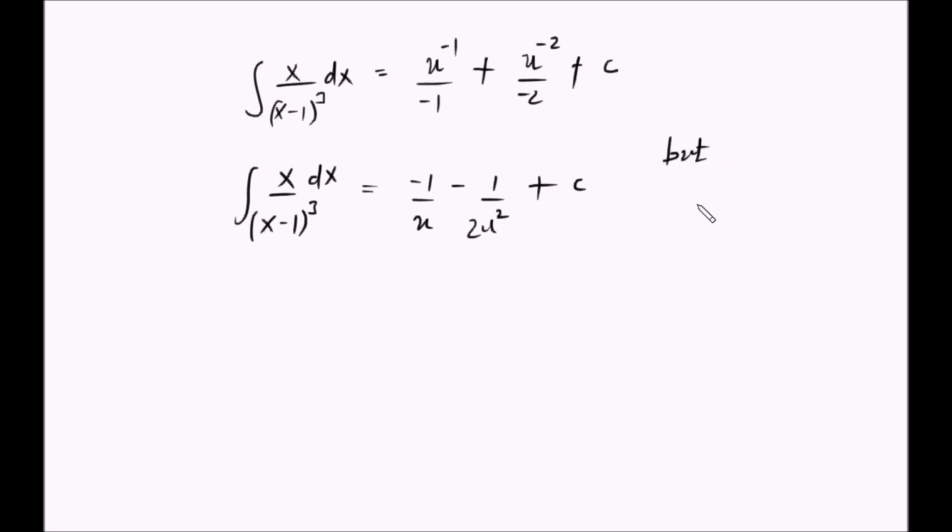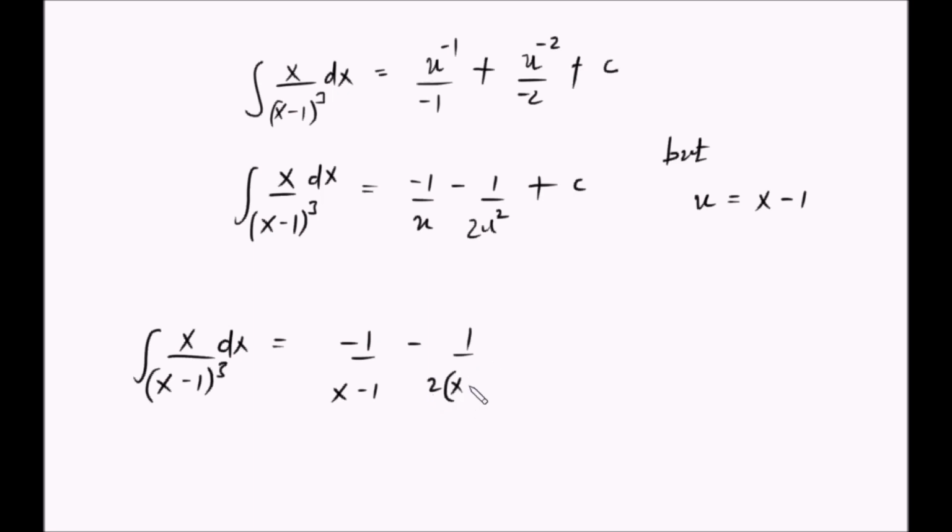But remember now to relate u to x minus 1. So our final answer is just negative 1 over x minus 1 minus 1 over 2 times x minus 1 squared plus c, where c is a constant.